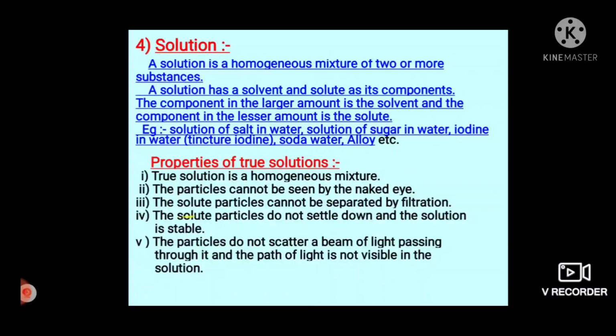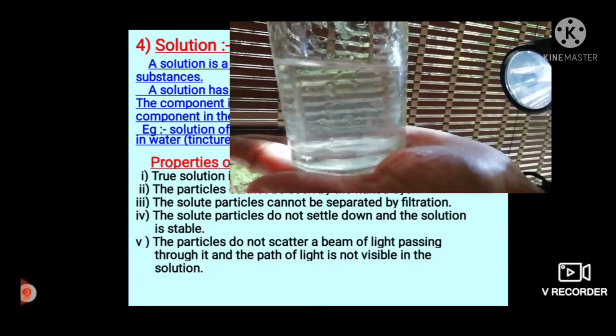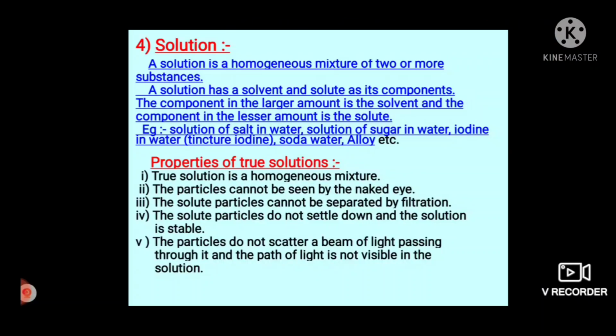The solute particles cannot be separated by filtration. We see in the experiment, the salt solution. Can you see any particles using your eyes? No, we cannot see any particles there.